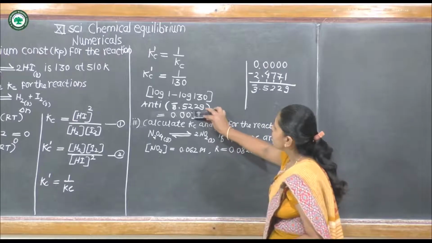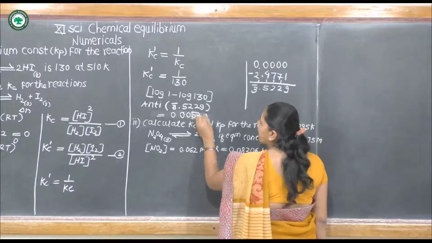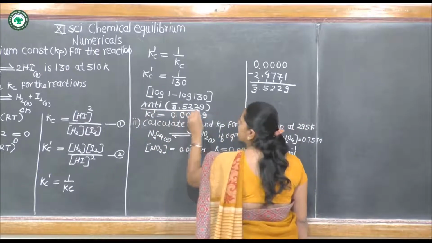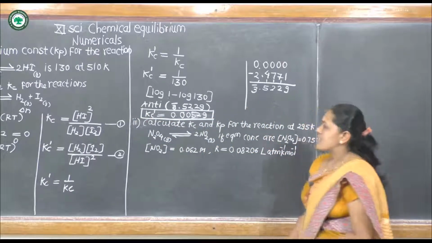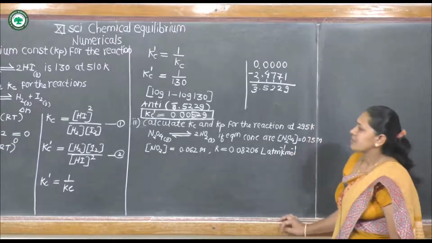Sorry, 0.00 bar 3, 5 to 29. This is your answer for Kc prime. This is the answer.